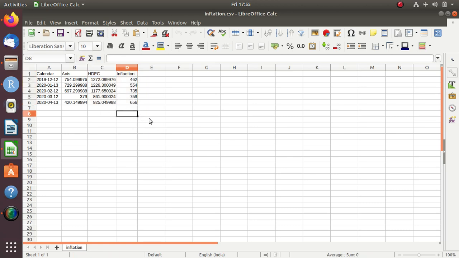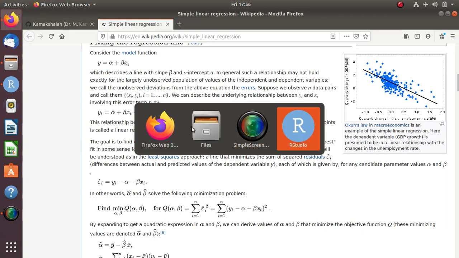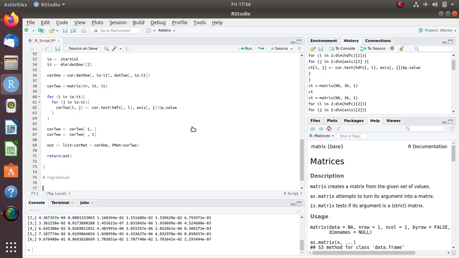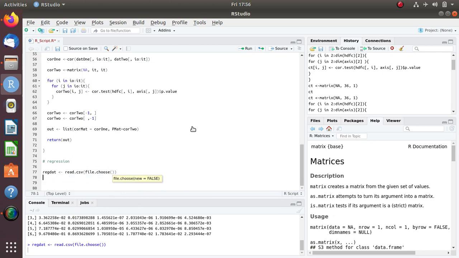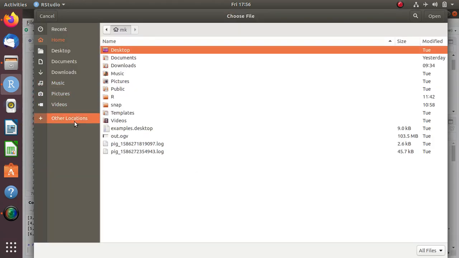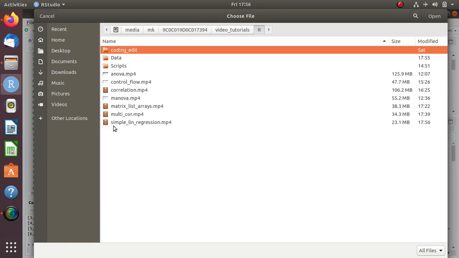Now let us open this data set in R. Let me go back to my R. Now here, reg data, and now read CSV file, choose. Now enter. Let's go to the folder where we have this regression data sets.